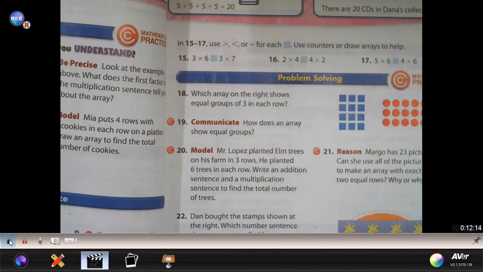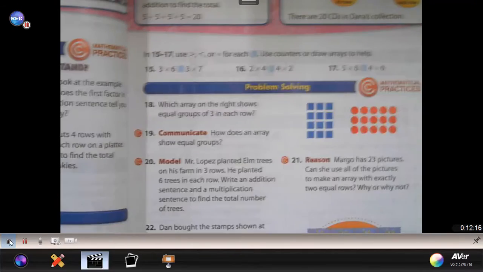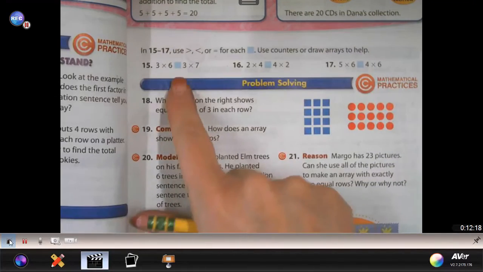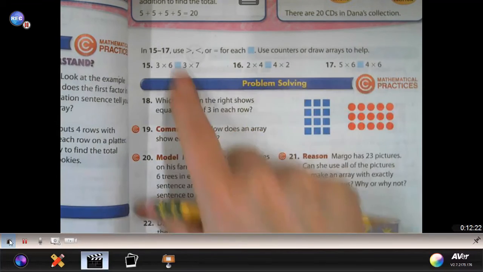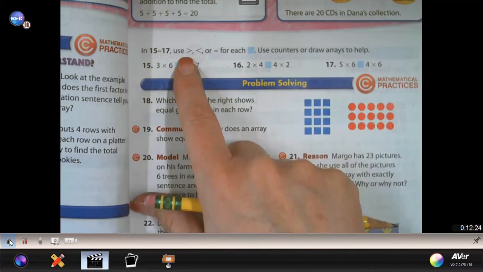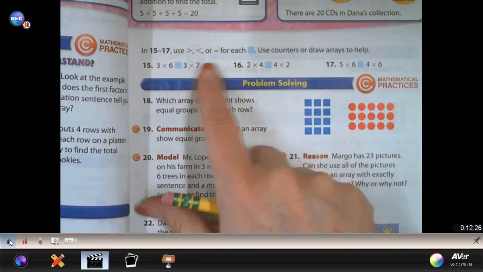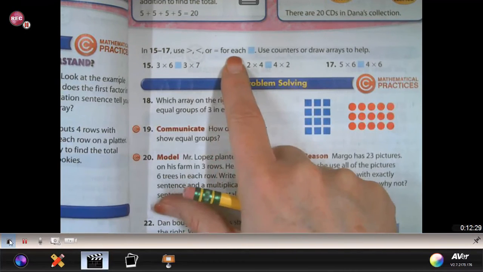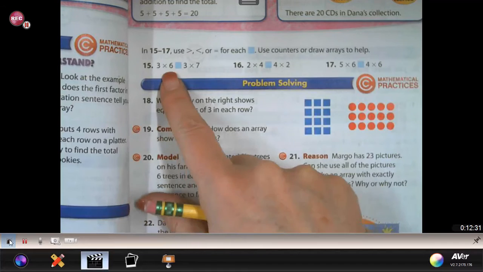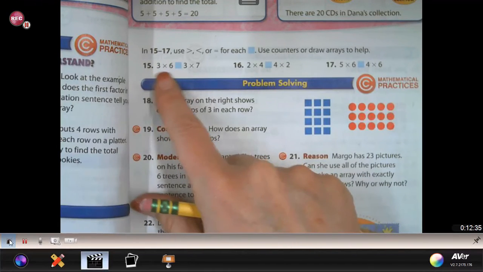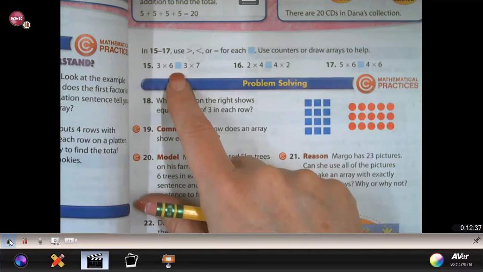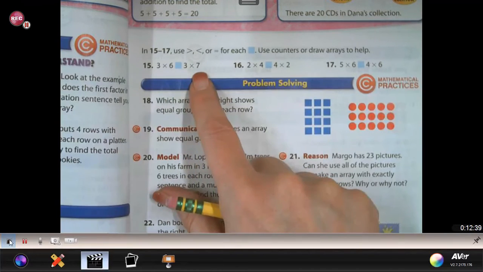Okay, so now if we take a look at 15, 16, and 17, we are using a greater than, a less than, or an equal symbol for each comparison here. So you will notice that we are comparing 3 times 6 to 3 times 7.